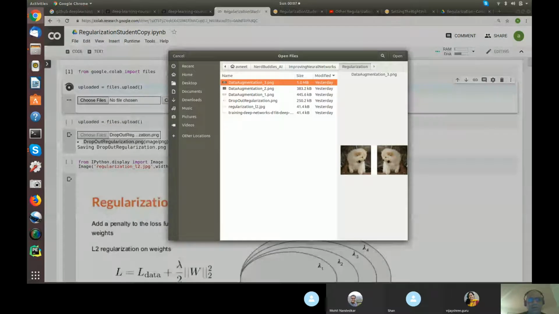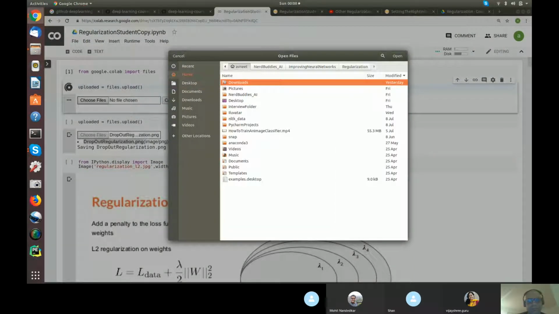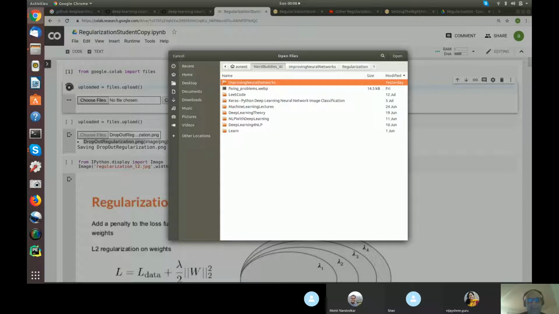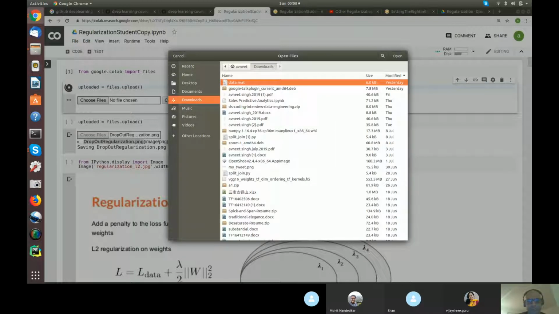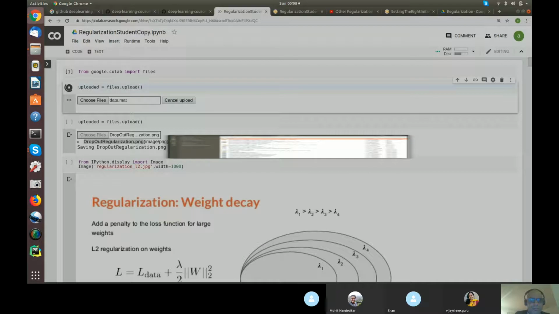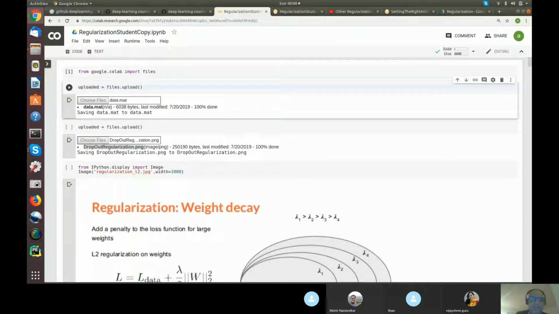Then you can choose, in my case, it's on the local folder. In your case, you can go to the Google Drive. I have it in downloads. So you're going to need this file. This has the data for today's model.